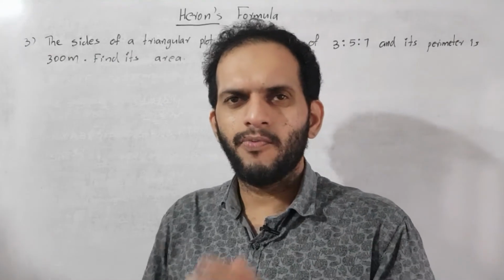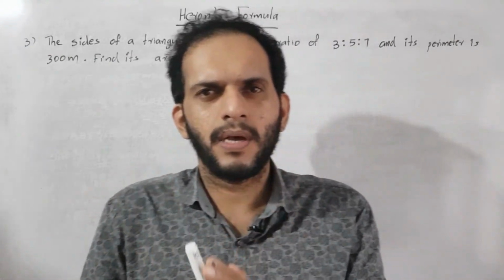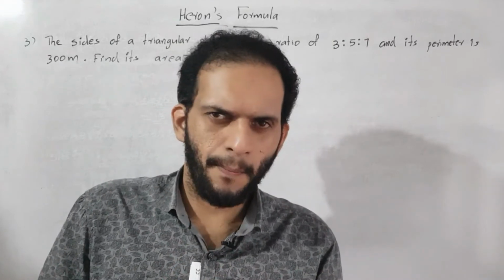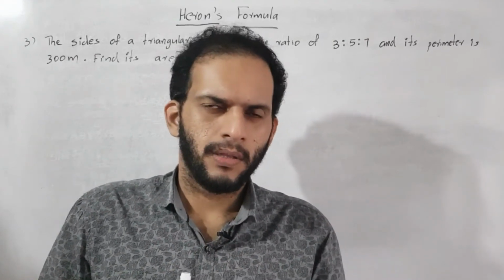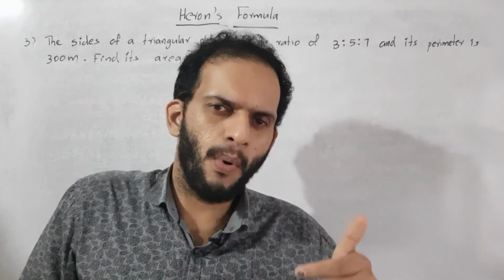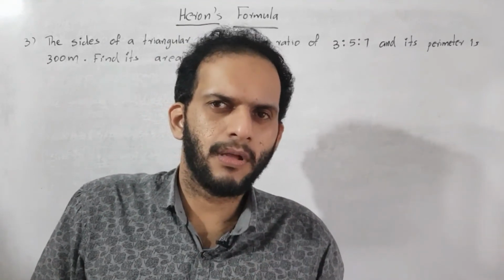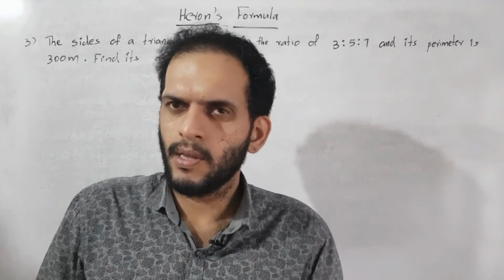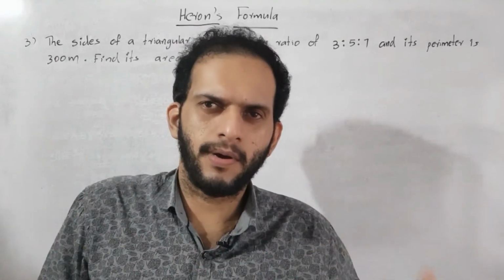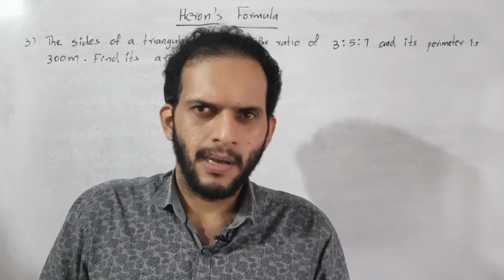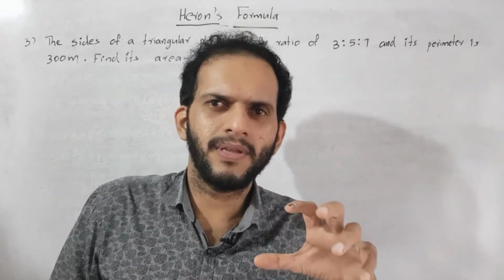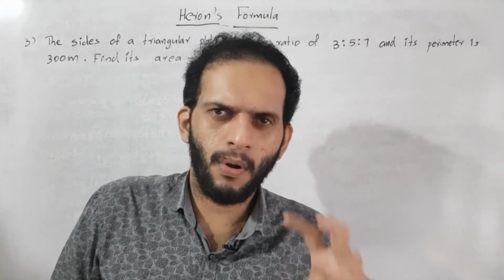Then we know if we get the ratio of the measurements, then how do we choose the measures, correct? Last year we chose, we know if the number of boys and girls are in the ratio 3 is to 5, then we choose the values of number of boys and number of girls, correct? The same idea we follow here also. Here is given the ratio of the side measurements of the triangular plot.